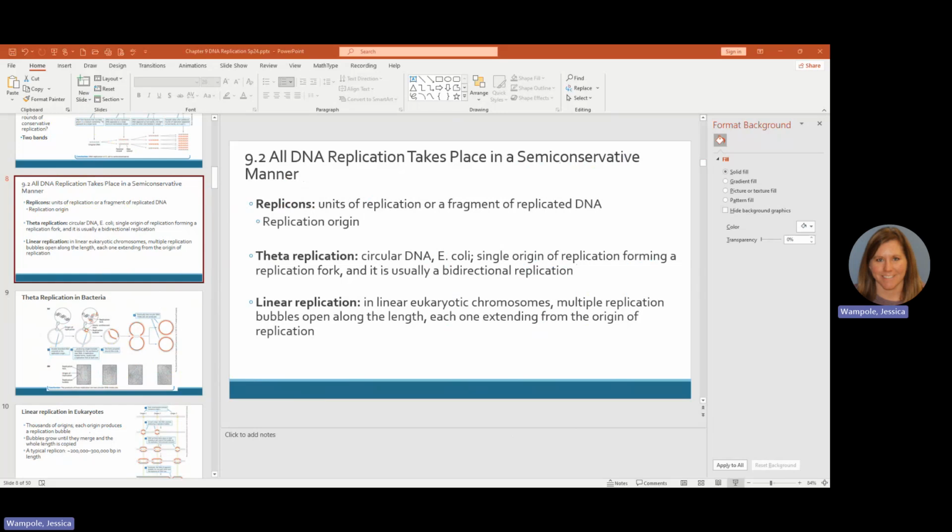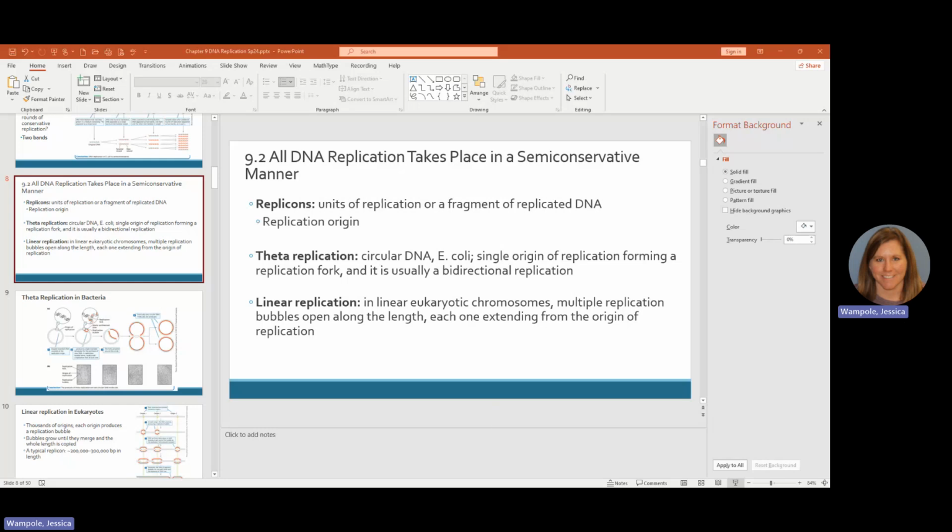And it's generally being built moving away from the origin of replication. That's not 100% true, but to sort of describe what's happening there, it's the one that's moving away from the origin, or from the fork.